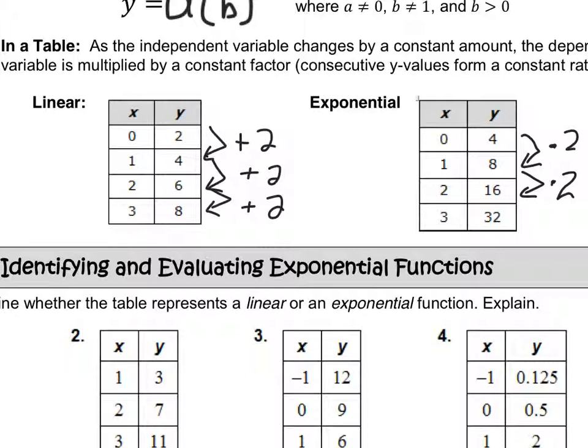So 8 times 2 was 16. And 16 times 2, let's make this a little bigger, is 32. That's an exponential function. What's happening is you're multiplying by a constant ratio. You're multiplying by the same number every time. That makes it an exponential.